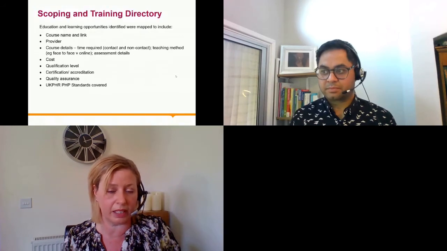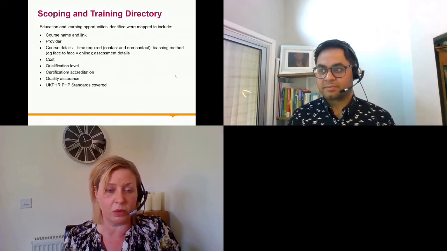And then finally, as part of the scoping, what we wanted to make sure was that we were able to highlight any areas where there was limited access to education and training for any given standard. Next slide, please, Em. Thank you.